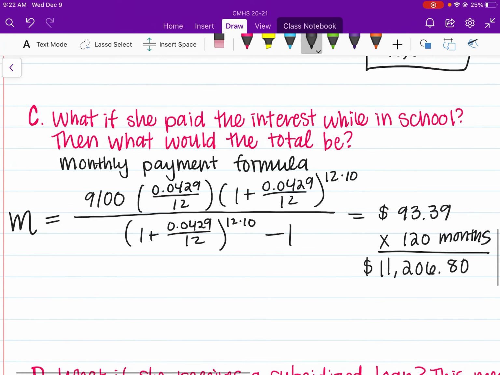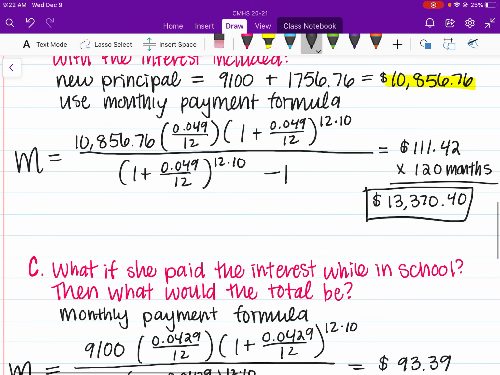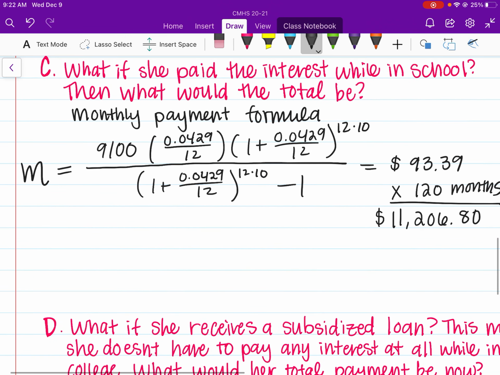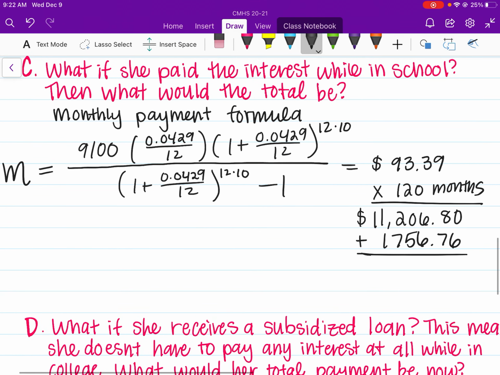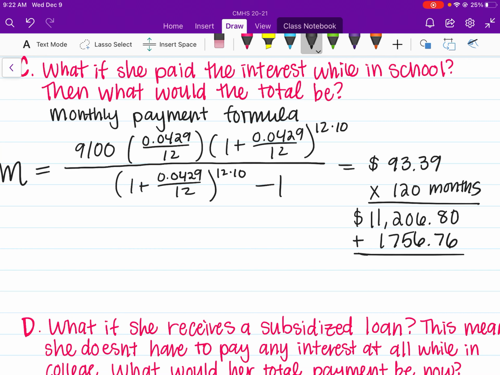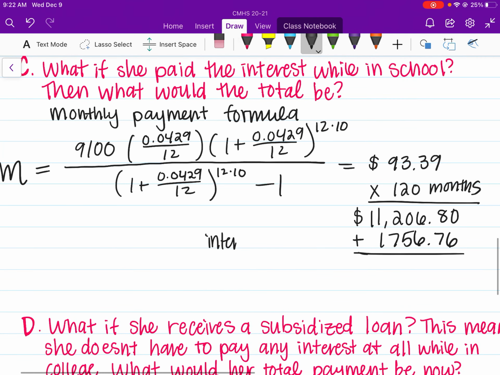However, she did pay interest during college. So how much interest did she pay during college? She paid that $1,756. So we're just going to add the $1,756. We didn't add it at the beginning because we're not using that principal. But we're going to add it at the end because she did pay it. She just paid it before she graduated.